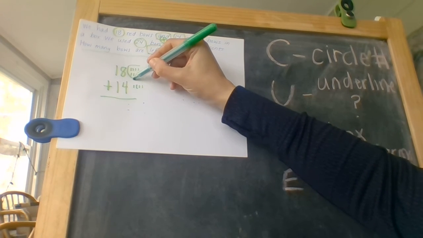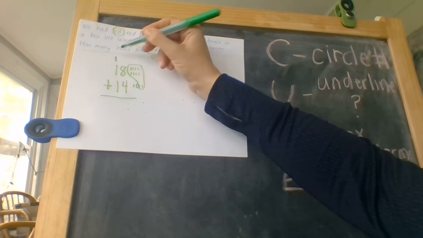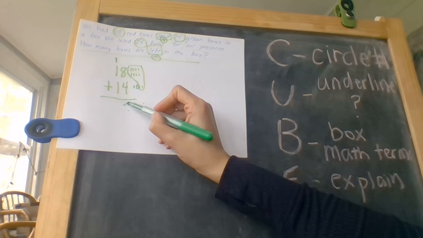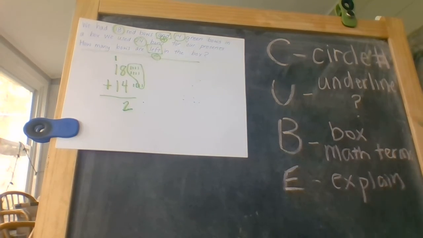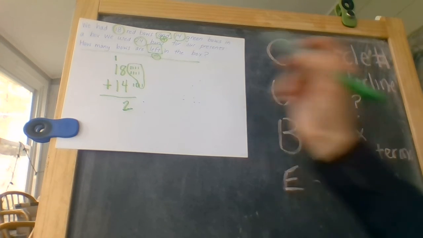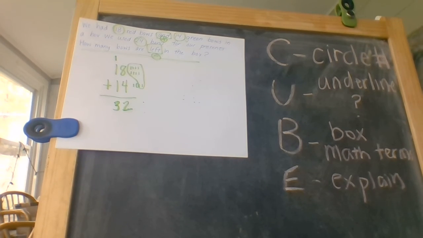So I'm going to circle 10 of them just to show my movement. That 1 ten comes up there. I have 2 ones left. 1 plus 1 plus 1 equals 3. So I'm starting with 32 bows.